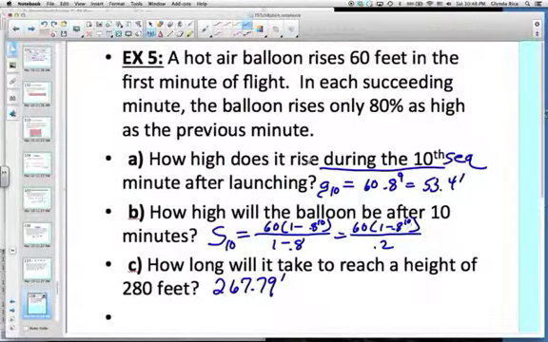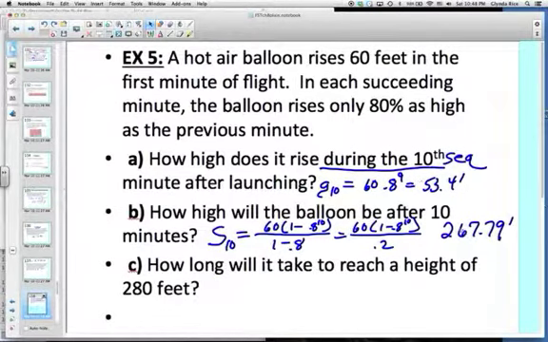If you know anything about hot air balloons or the atmosphere, a hot air balloon has kind of a ceiling of how high it can go. Because now we're going to look at how long it will take to reach 280 feet. So we're going to go 280.